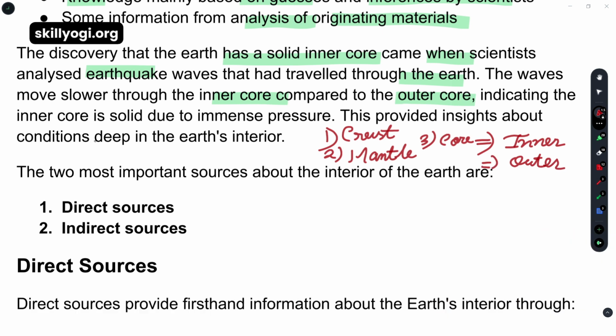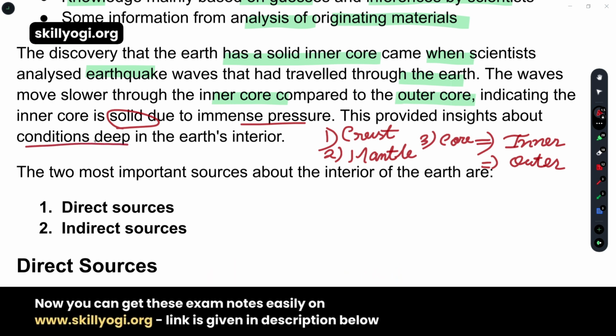From this imagination we have this identification of inner core and outer core, which indicates that the inner core is solid. Yes, the inner core is a solid material due to immense pressure, and this provided insights about the conditions deep inside the Earth's interior.